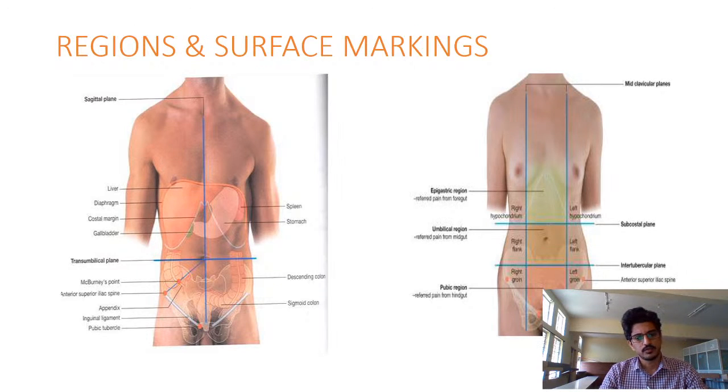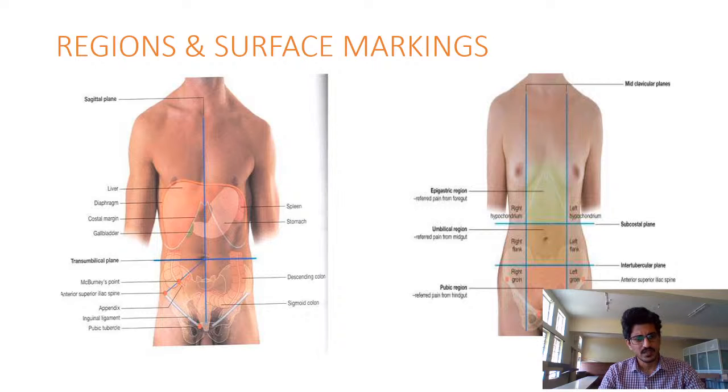In the 4 quadrant structure, the line passing through the sagittal and transumbilical plane divides the abdomen into 4 quadrants: right upper quadrant, left upper quadrant, right lower quadrant, and left lower quadrant.